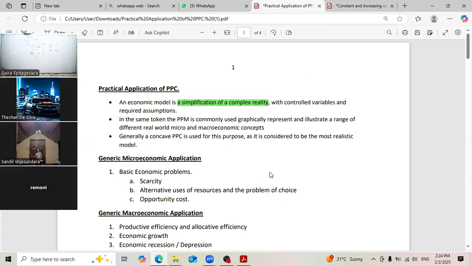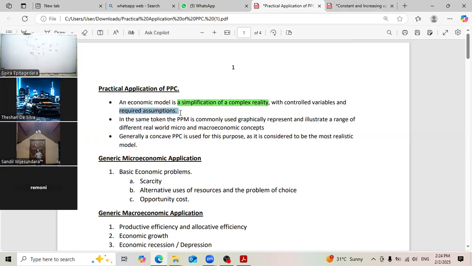What does it mean? We use economic models such as PPC and other graphs to simplify some complex reality, with control variables and required assumptions.